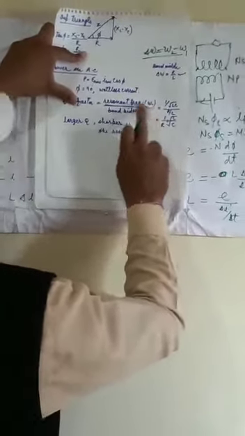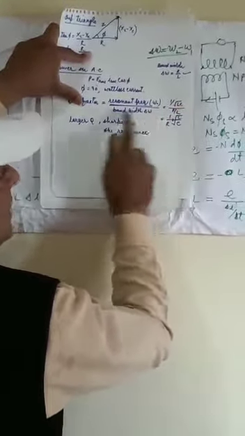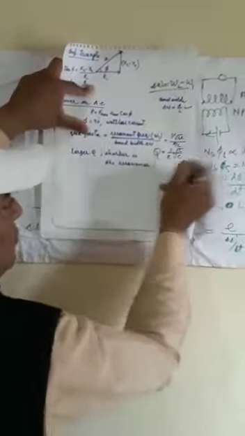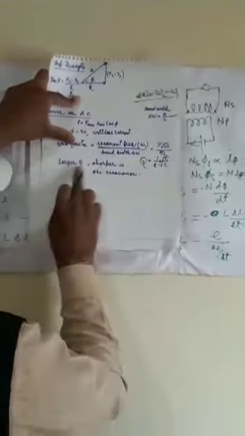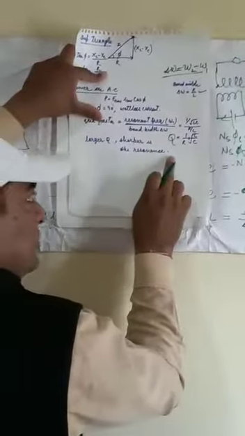We know the resonant frequency is 1 upon root LC and the bandwidth is R/L. Simplifying, we get the quality factor Q equal to 1 by R times root of L by C. Remember one thing: larger Q, sharper is the resonance.